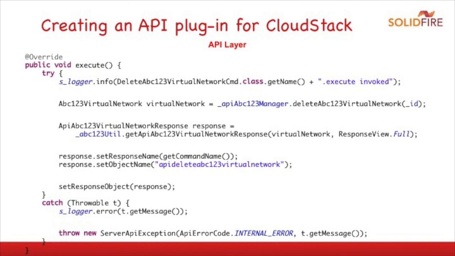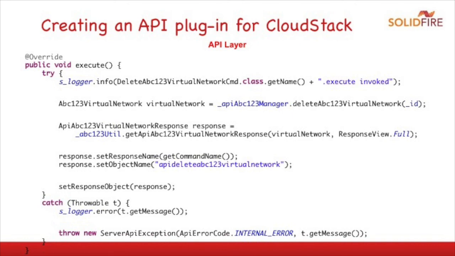So here we're calling the delete virtual network API command. In turn, our API object is going to look at that underscore API ABC123 manager object, which we injected, and it's going to say, delete virtual network, here's the ID.